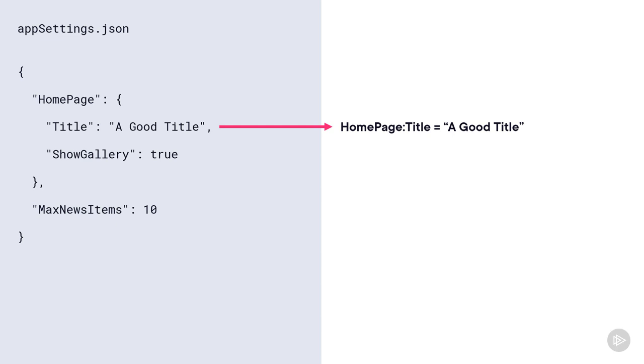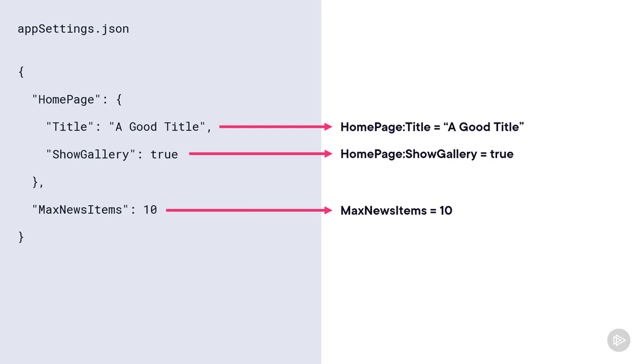Remember, the section hierarchy is collapsed using colon separators within the key. The value is set as a good title. Next, the homepage show gallery entry is added with a value of true. Finally, the max news items entry is added. This is not contained within a section, so its key has no colon separated sections. Its value is set as 10.